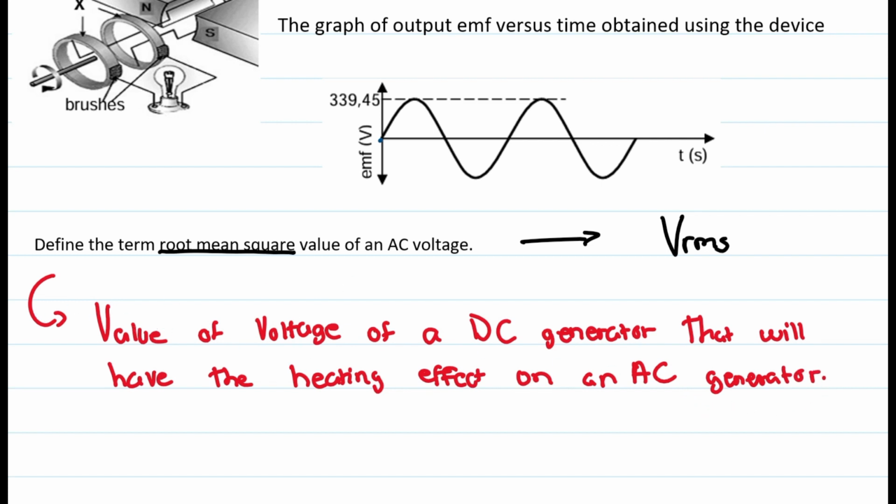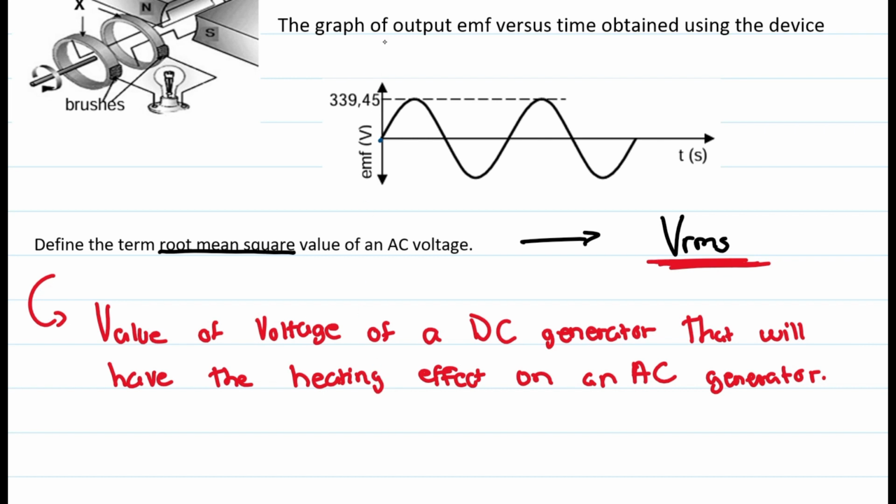So a Vrms value of an AC voltage is the value of voltage of a DC generator. This is the value found from a DC generator, and this value will have the same heating effect on an AC generator.